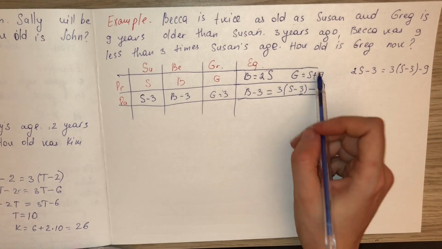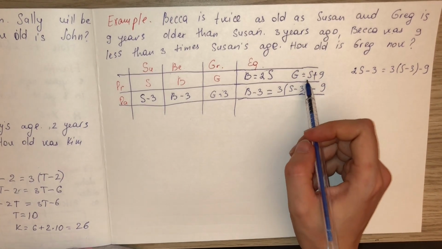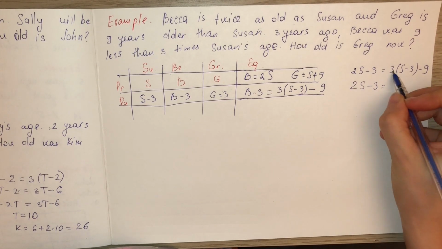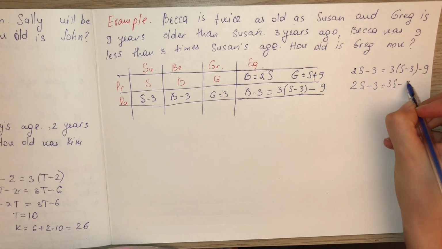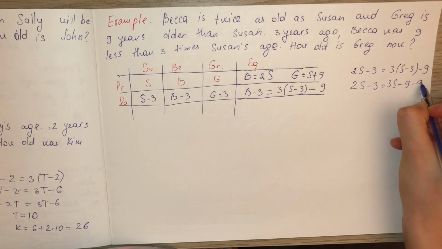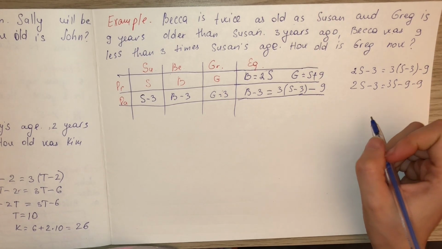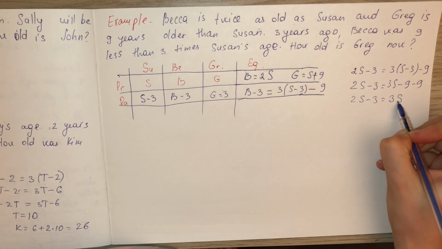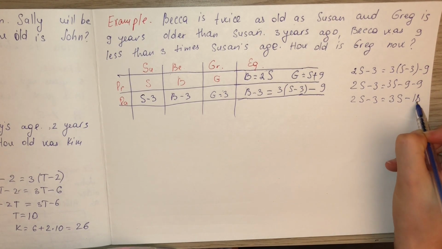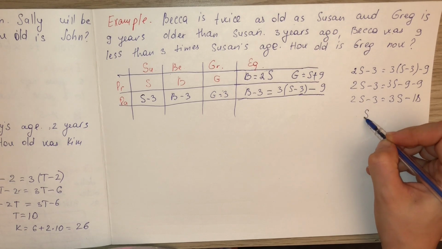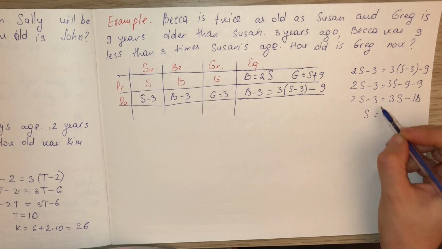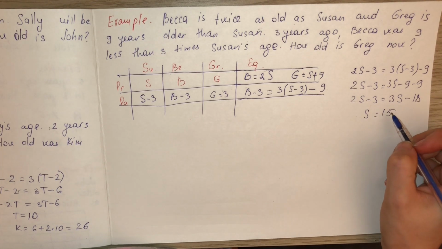We don't touch this equation. And let's solve this. We will get that 2 times S minus 3, 2 times S minus 18. And here we get that S is equal to 18 minus 3, S is equal to 15.